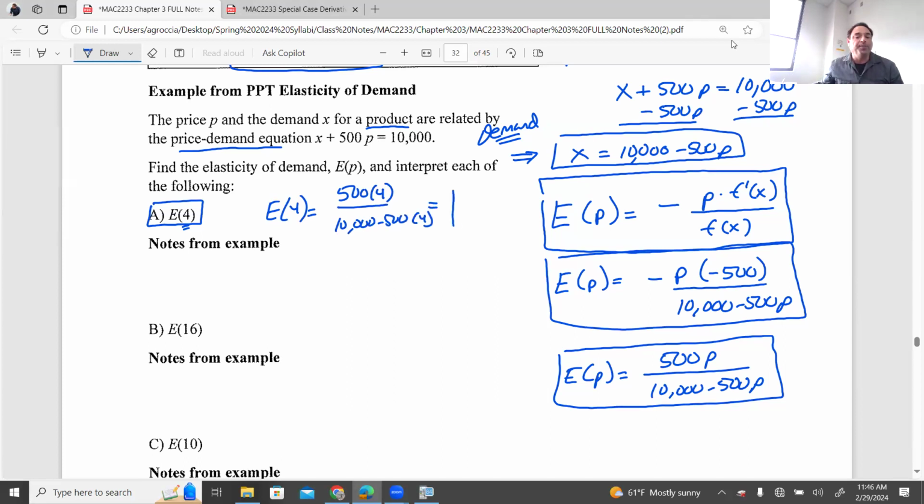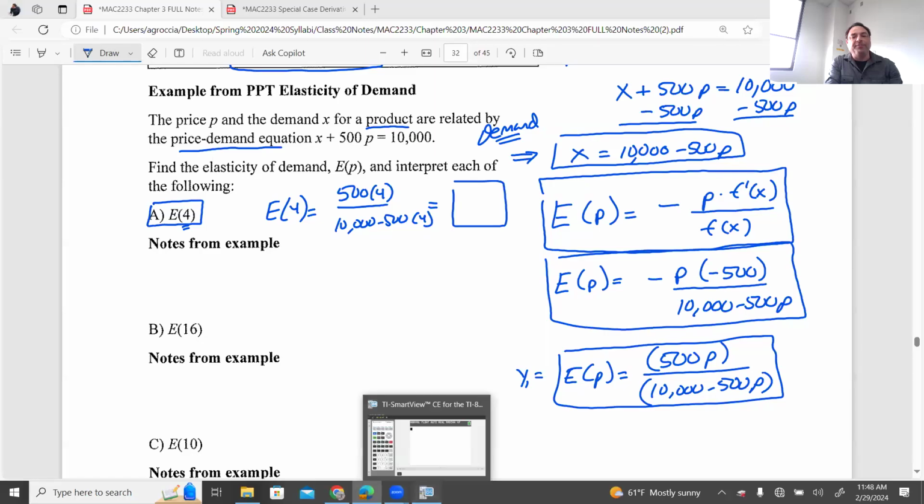Now, what I would do is put this equation in Y1, go to your table, plug in 4, and get that number. But be careful, parentheses are very important in the calculator. Go to the calculator, plug in the formula, plug in 4, and see what you get.